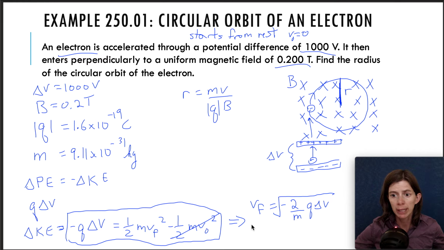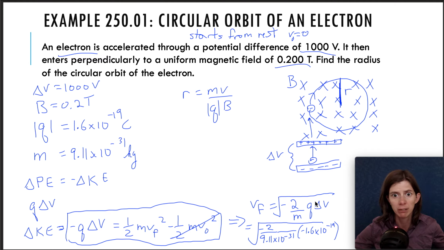So now when I plug in the values, I get the square root of negative 2 over 9.11 times 10 to the negative 31. And here we actually do need the negative q. The q is not an absolute value, so we do need the negative for the q.